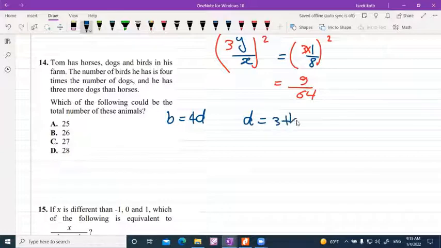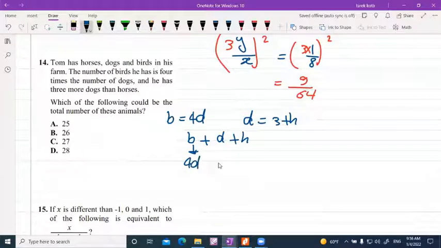And he has 3 more dogs than horses, so the dogs is 3 more than the horses. Which of the following could be the total number of these animals? So he has birds plus dogs plus horses.